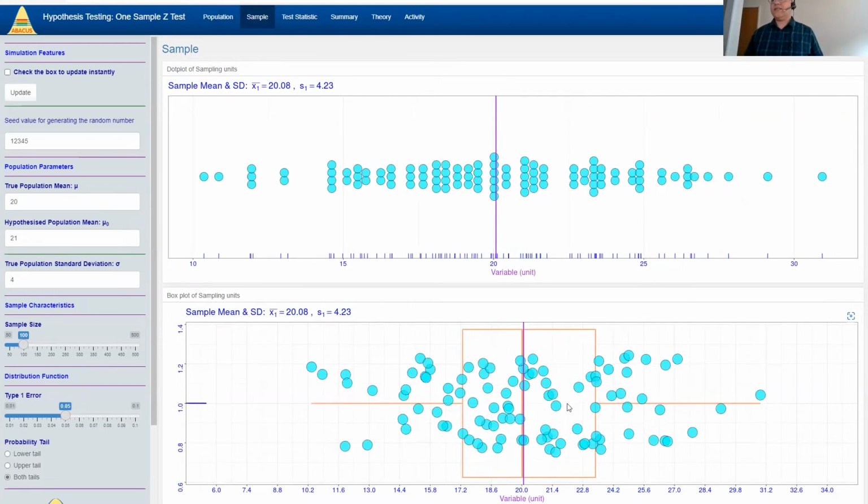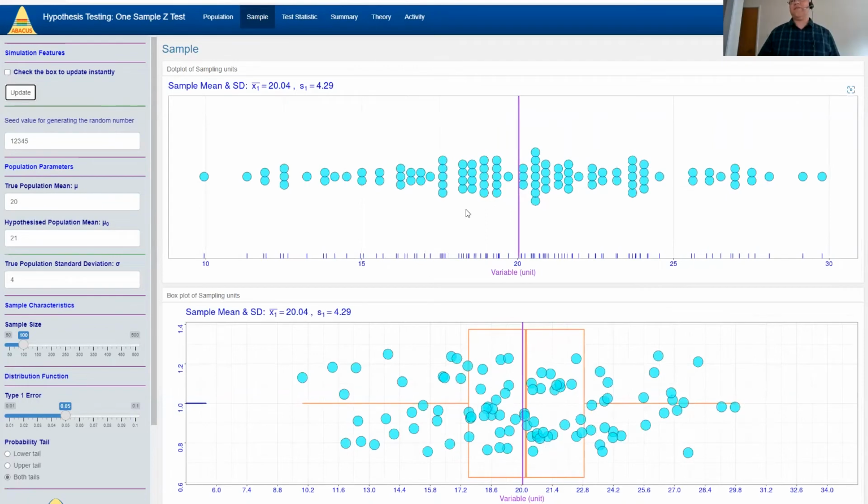This is my data presented in 2 different ways, and the box plot shows that my mean is 20.08 and standard deviation is 4.23. But as you have seen before, if we do it again, it will come back with some different value.